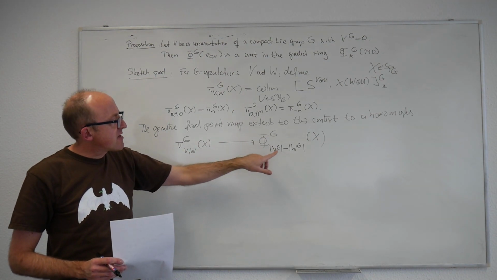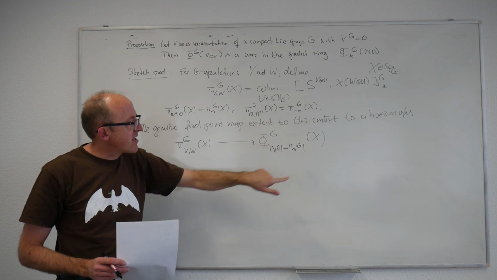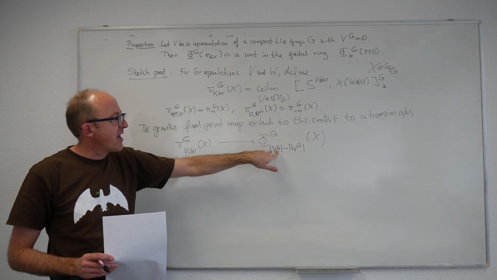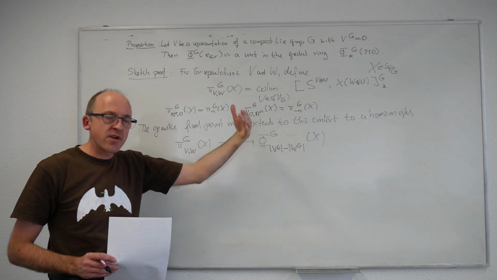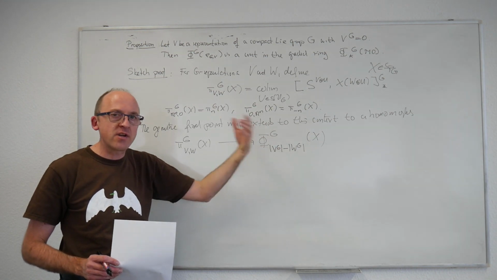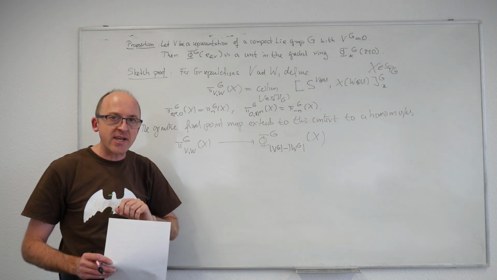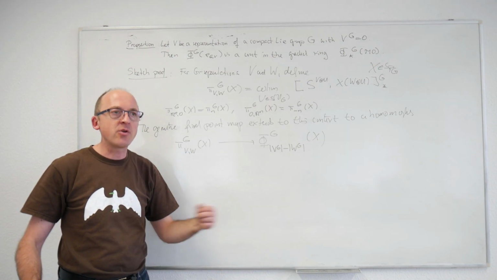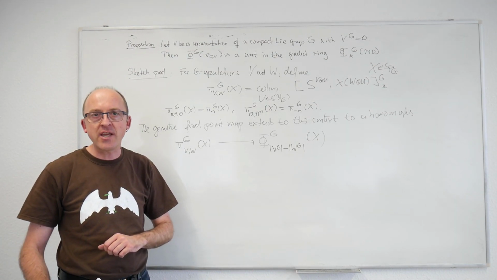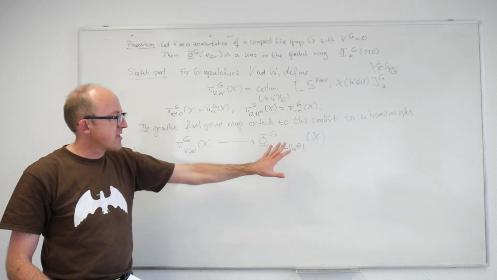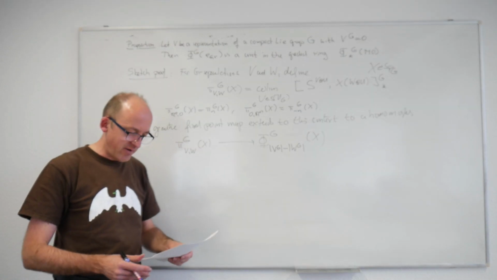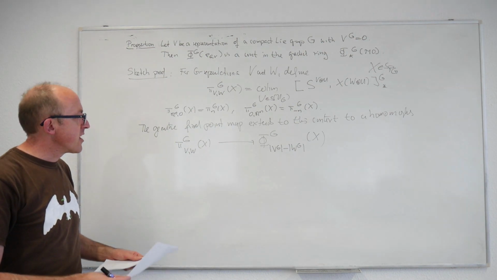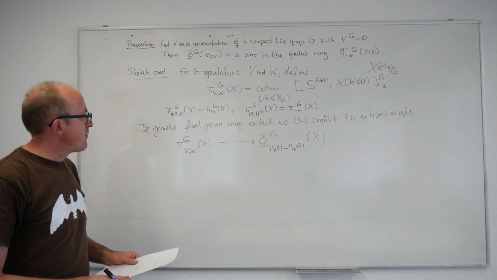Strictly speaking, this is just a number. For this to make sense, I would have to choose an identification of this vector space with R to the dimension and another one of this with R to the dimension, and there's some ambiguity in the sign. This is one of the things I'm not completely formalizing. In the situation we care about, everything is two-torsion anyhow, so signs don't matter. But this is the kind of thing where I would have to be more careful if I really do fully formalize this.